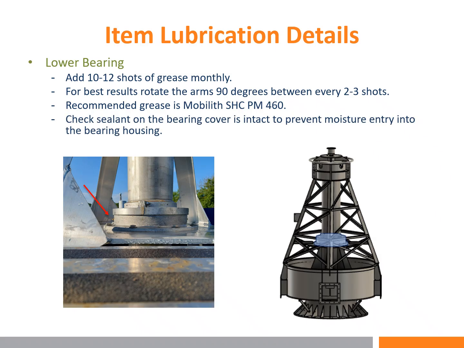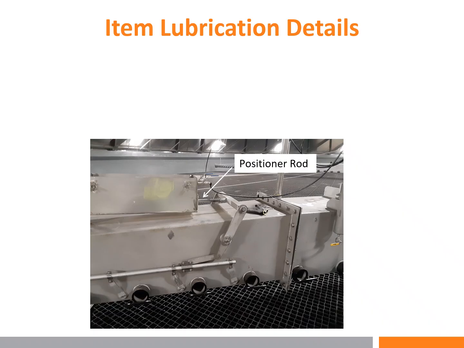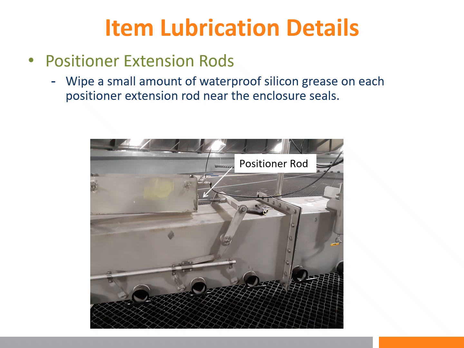Check sealant on the bearing cover is intact to prevent moisture entry into the bearing housing. Positioner extension rods. Wipe a small amount of waterproof silicone grease on each positioner extension rod near the enclosure seals. It is recommended to do this on a monthly basis.